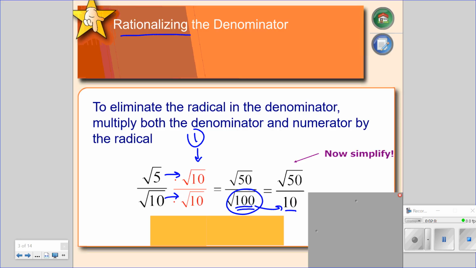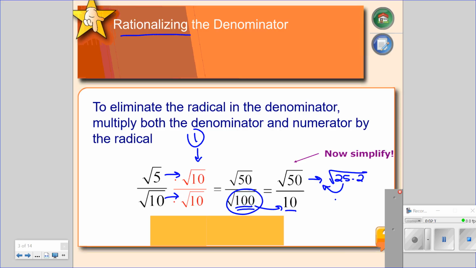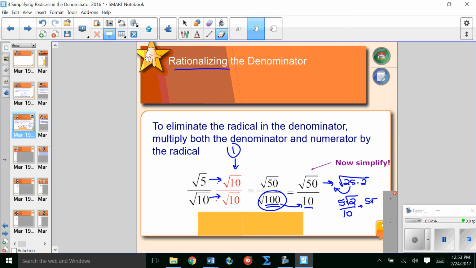Now up top, we do need to simplify. Our square root of 50 can break apart into 25 times 2. The square root of 25 will come out as a 5, leaving us with the root 2 underneath and the 10 down below. Because this is multiplication, if you've got a number out here and a number in the bottom that share a common factor, like 5 and 10 share a common factor of 5, then you can further simplify.